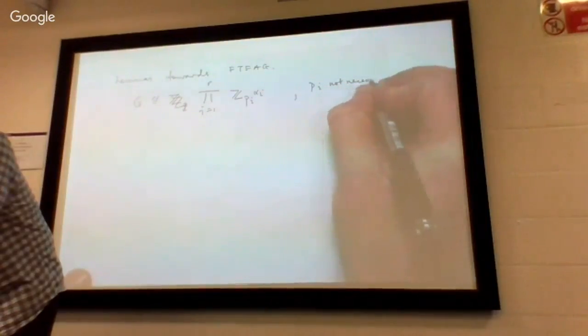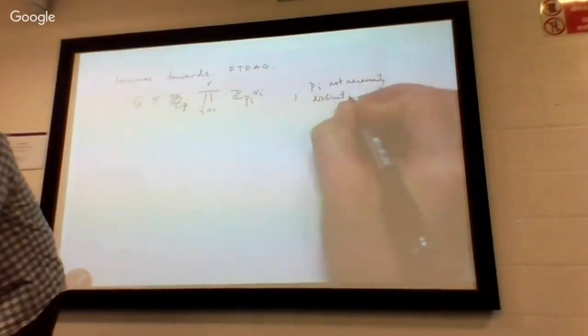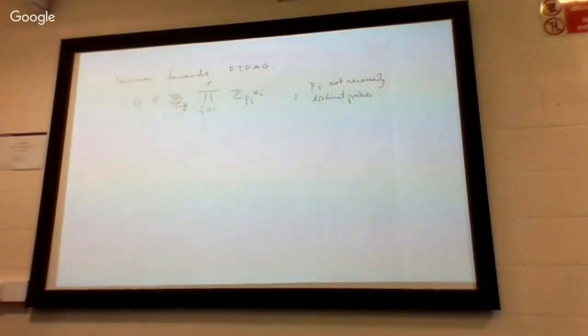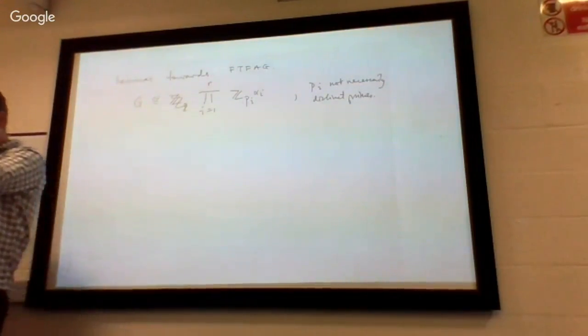They're all primes, not necessarily distinct primes. So it's a direct product of cyclic groups. This is where the theorem is. So every finite abelian group is isomorphic to a direct product of these cyclic groups.